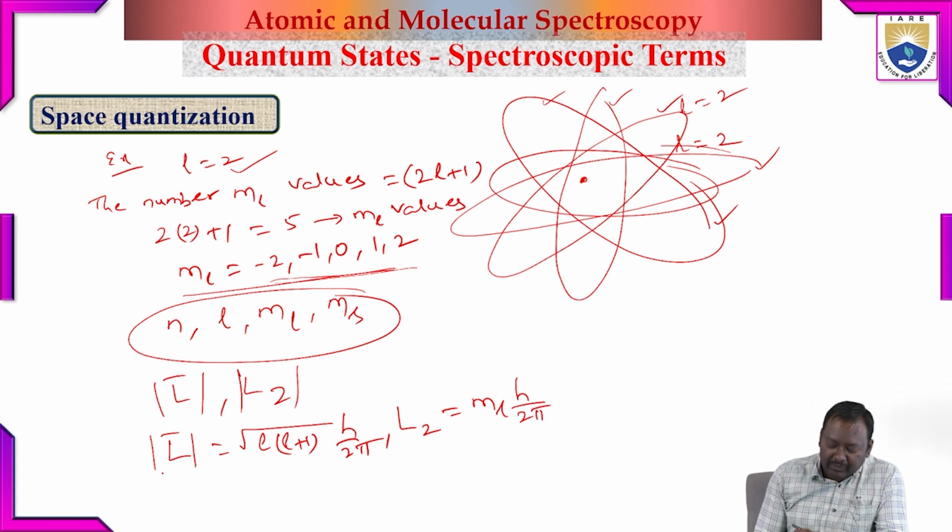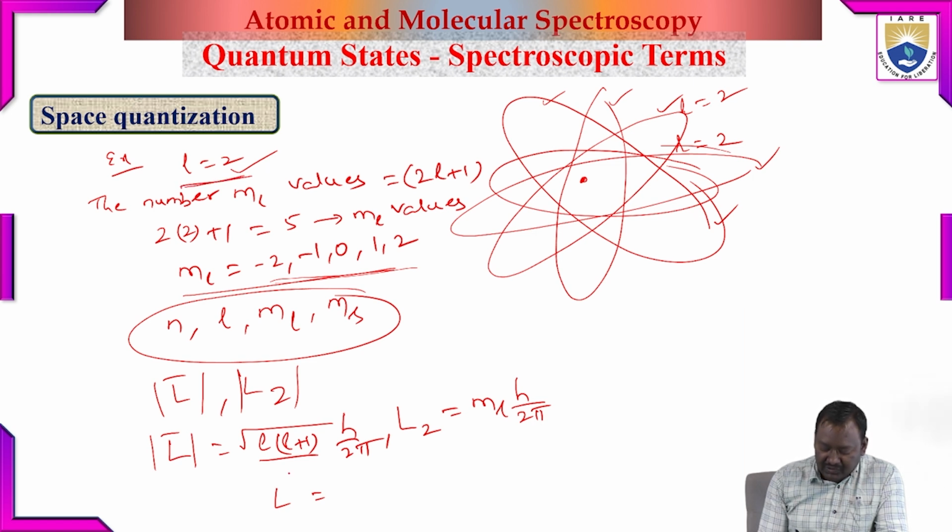So the component will depend on the L value, the orbital angular quantum number. Here L value is 2.